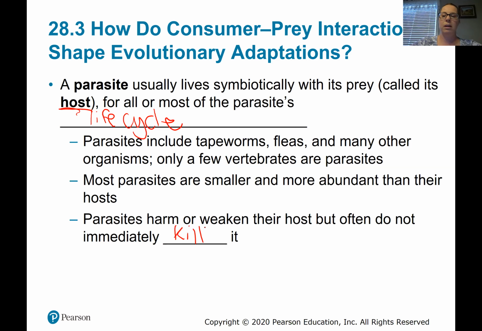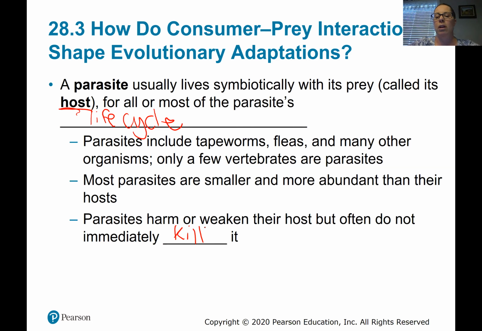Now, there can be examples where an animal or human could get a parasite like a worm infection or some sort of ectoparasite like fleas or lice or ticks, and the immune system is able to overcome that.